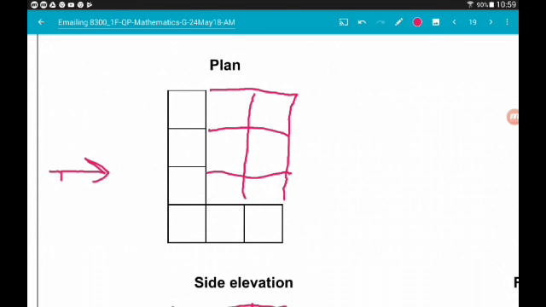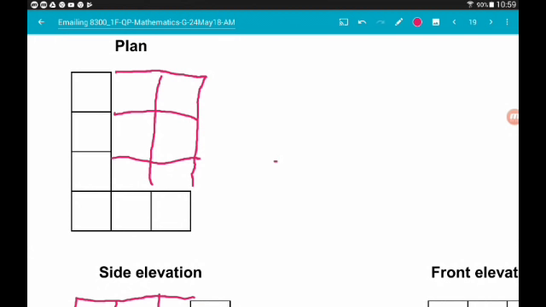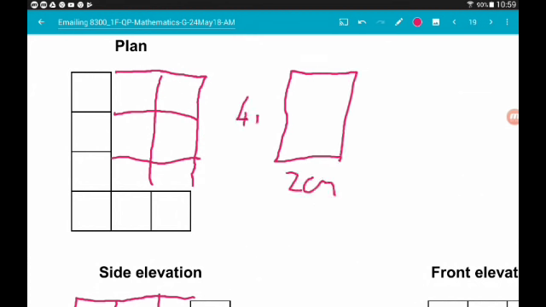So basically what we've got here, we've got a cuboid that we would need to fill in with a width of 2, height of 4, and a length of 3.